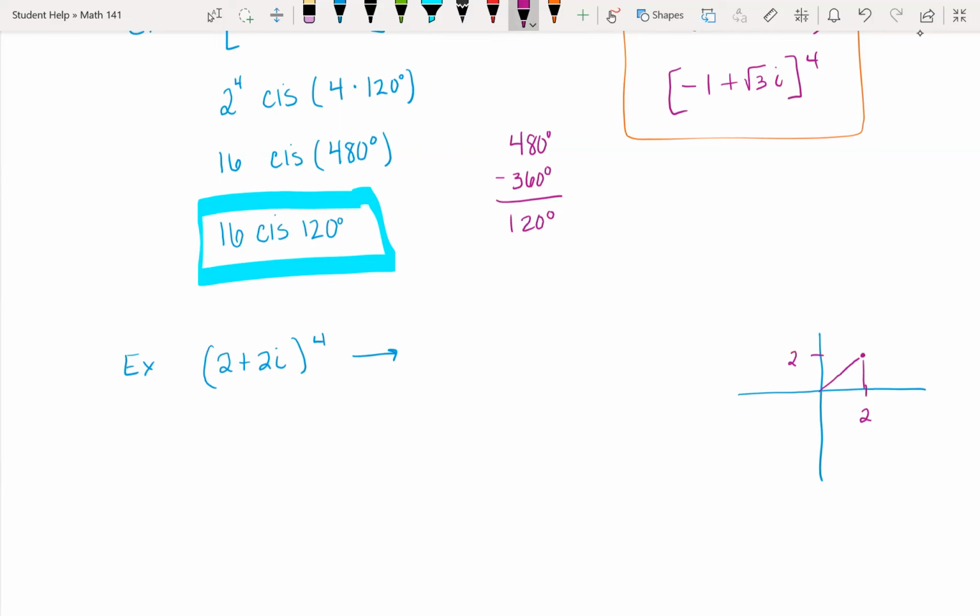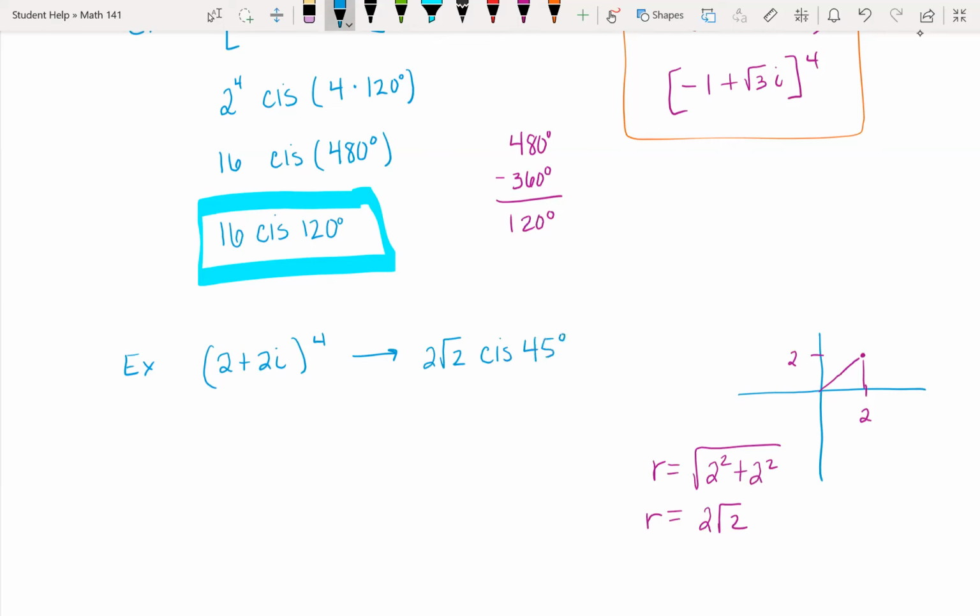And the length of that vector, or r in this case, is going to be the square root of 2 squared plus 2 squared, or 2 times the square root of 2. So in trigonometric form, this is 2 root 2 cis 45 degrees.